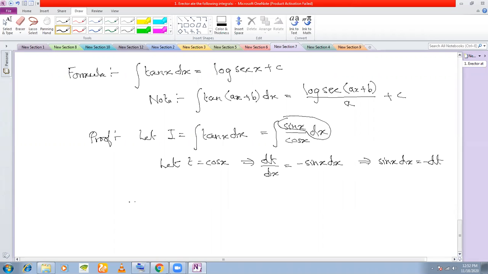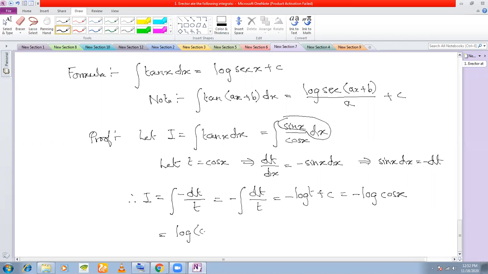So what does I become in terms of t? I becomes integral, instead of sin x dx you write minus dt, and in the denominator you have t. So it simply becomes minus dt by t. You take the minus sign outside the integration, so you get minus log t plus c. Now put back the value of t, which is cos x. We are getting minus log cos x, but this can also be written as log of cos x to the power of minus 1.